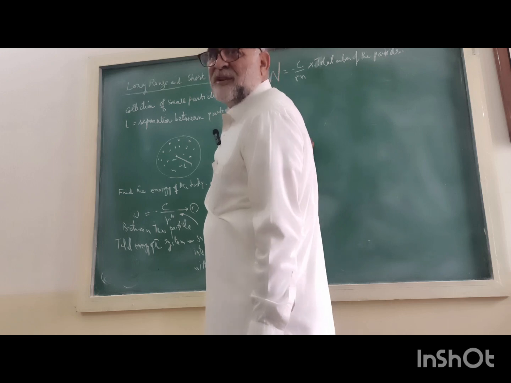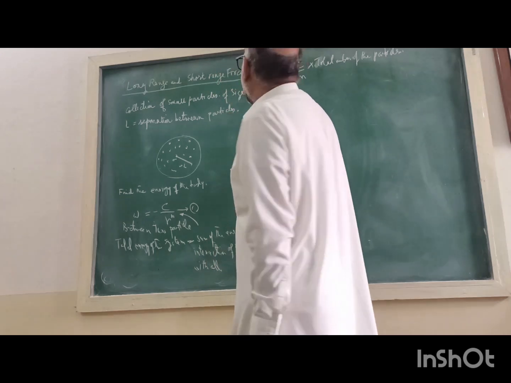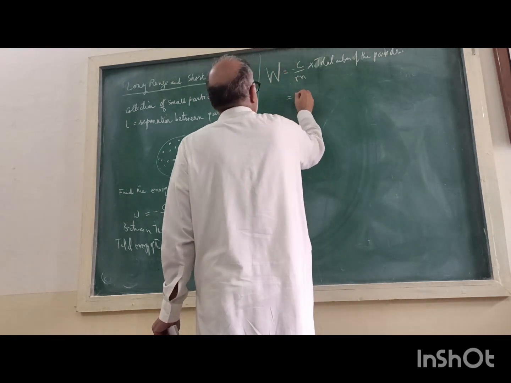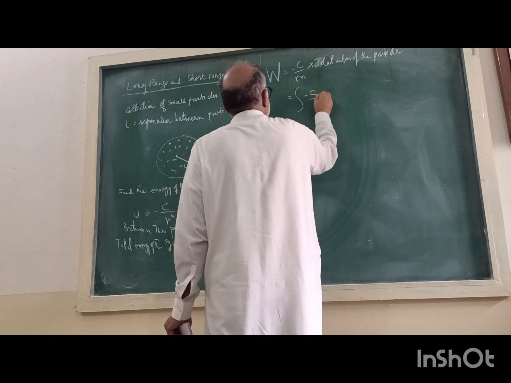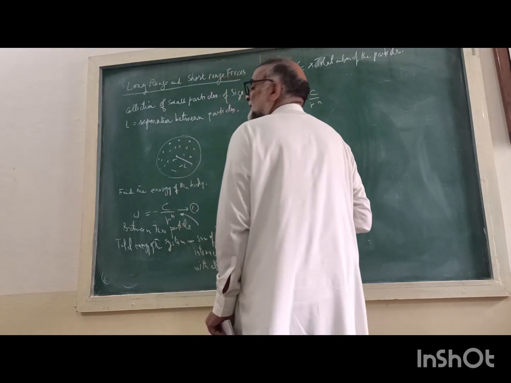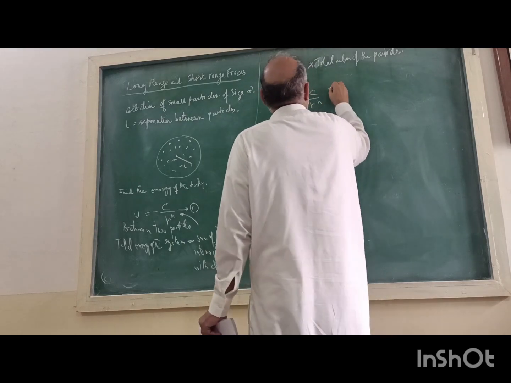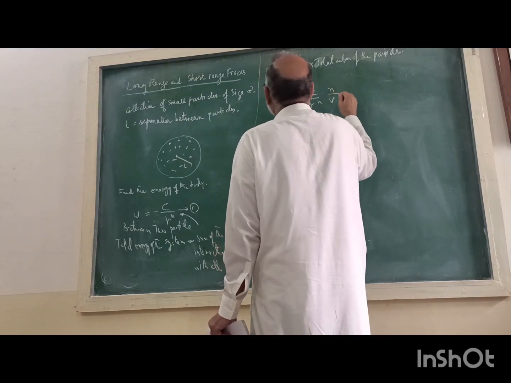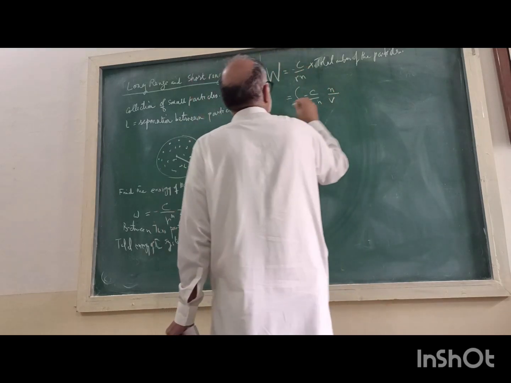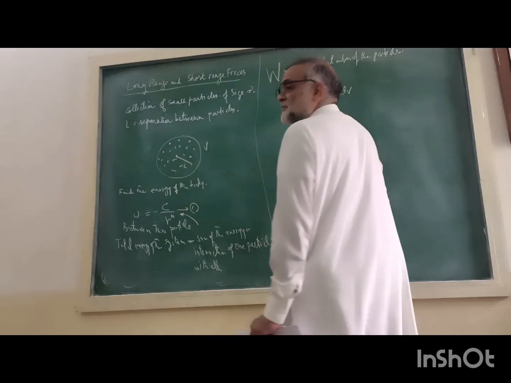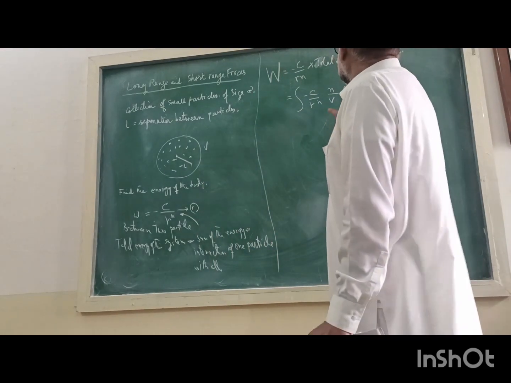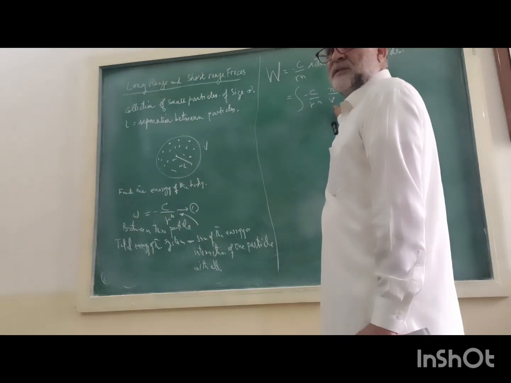That will give you the total number of particles through all the volume. So it will be like this, minus C over r to the power n, and that's the number of particles per unit volume, if V is the volume, and dV is the total number of particles, right?